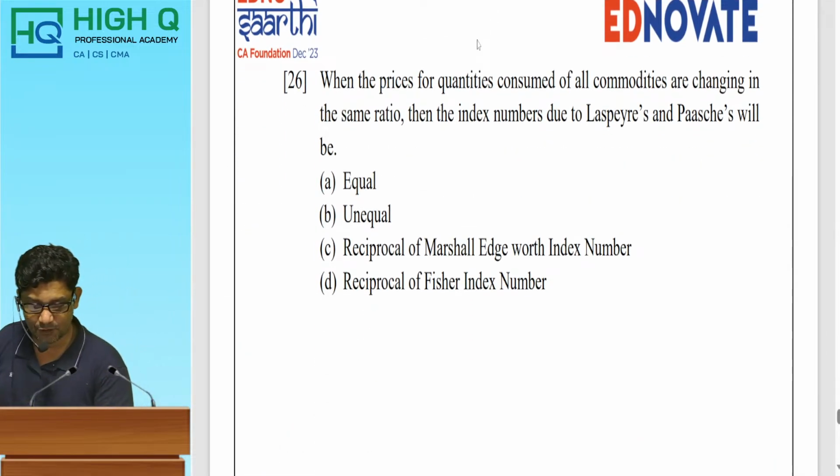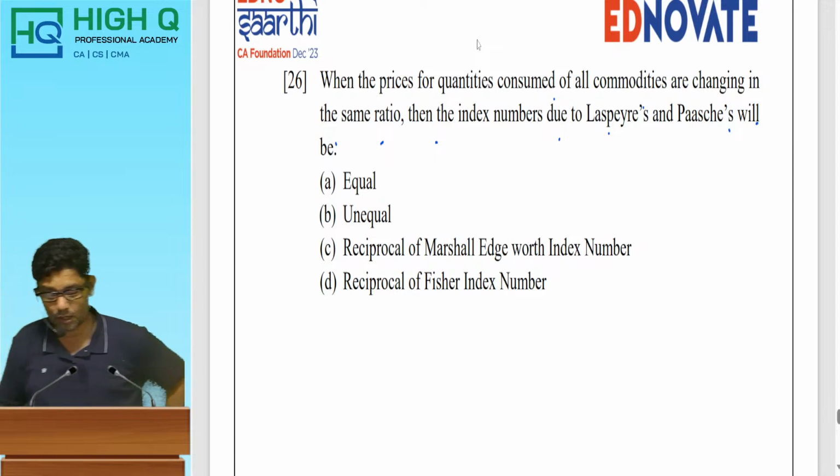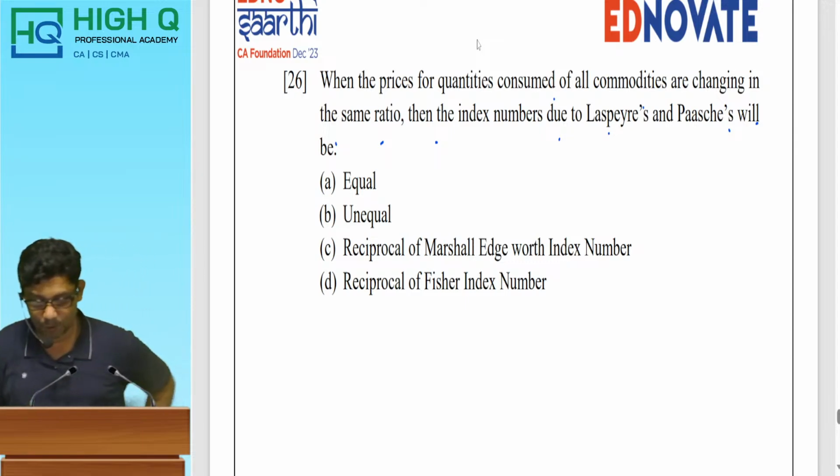When the prices or quantities consumed of all commodities are changing in the same ratio, then the index numbers due to Laspeyres and Paasche will be equal, unequal, reciprocal of Marshall-Edgeworth index, or reciprocal of Fisher's index.